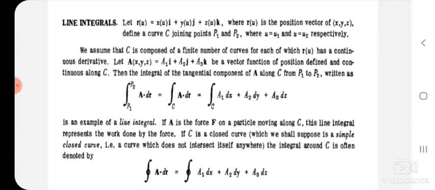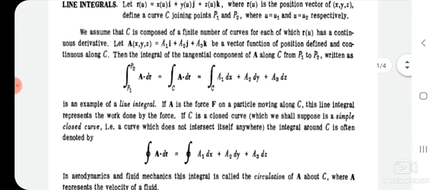The integral around C is often denoted by the line integral of A dot dr, which is equal to the line integral over a closed loop C of A1 dx plus A2 dy plus A3 dz.